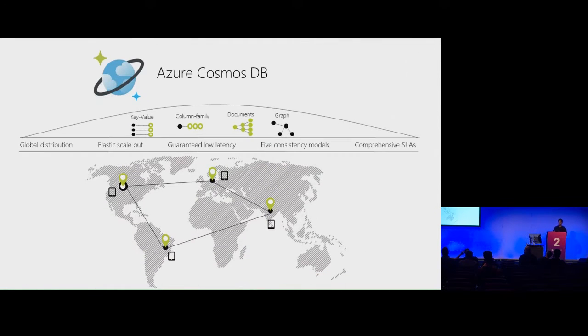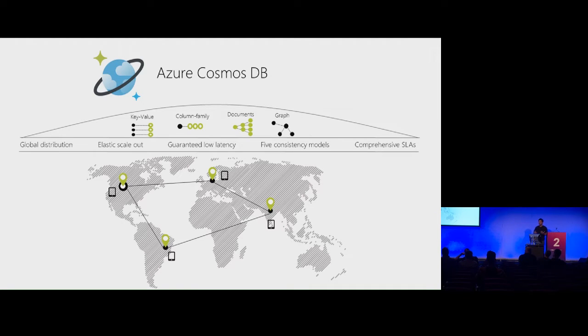So think about Cosmos DB as a big umbrella, right? We have all these database types, which all those APIs will fit into one of. But all of them will have all these nice features, which is the distribution, the elastic scale out, the guaranteed low latency and availability and all that.